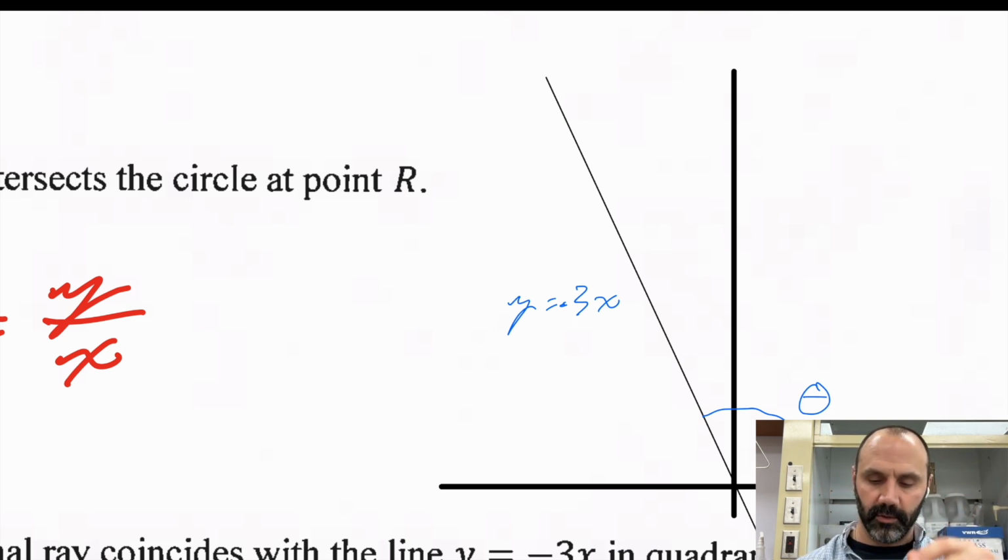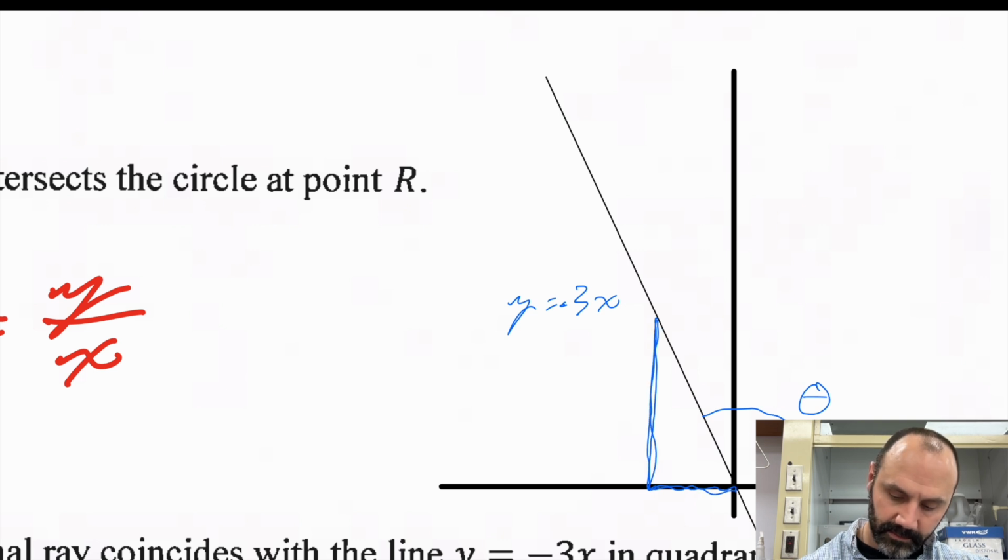The terminal ray is in the second quadrant, they're telling us. Okay, what that means is I can create a triangle here with radius r. The coordinates here are x, really negative x, right? So negative x, comma, negative 3x.